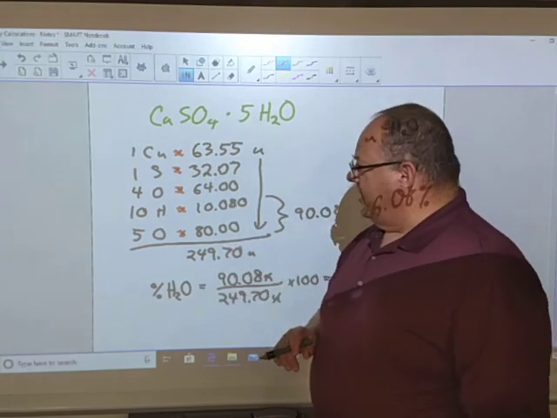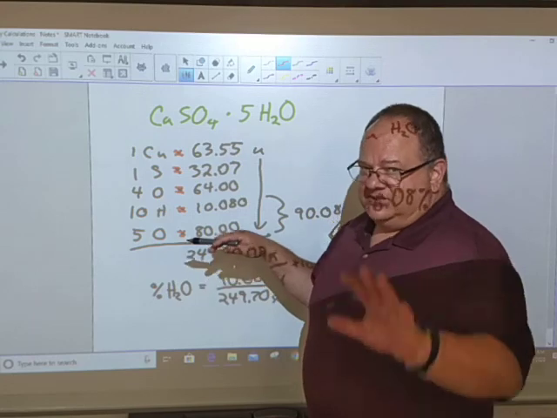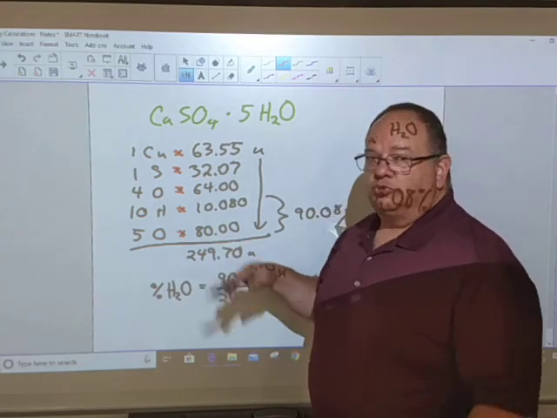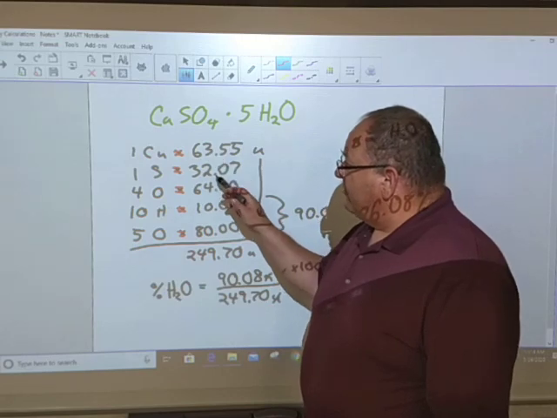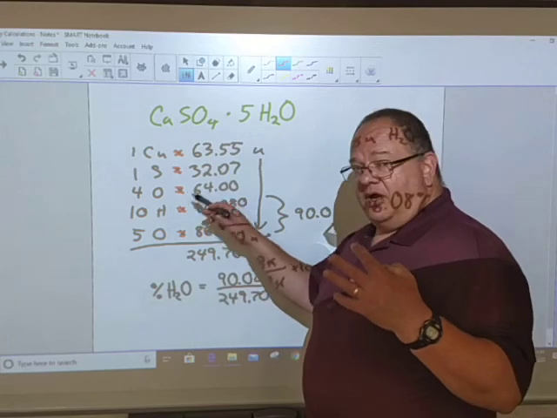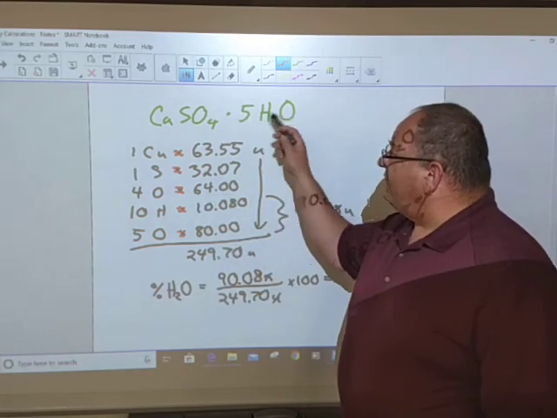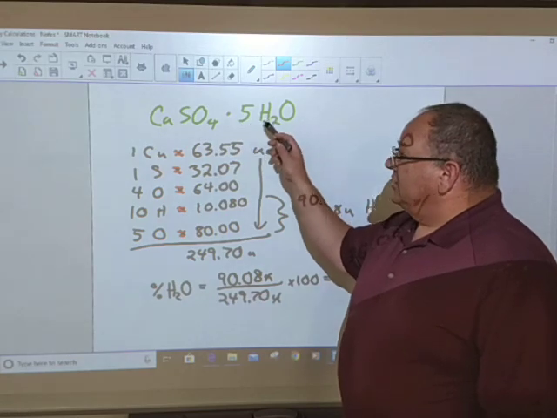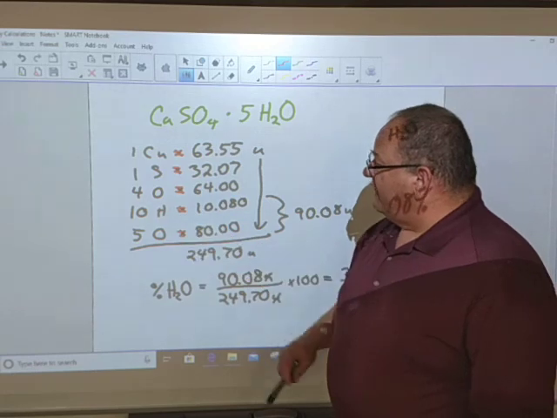It's better to separate. I didn't write down my individual masses this time because I was just working fast, okay? So this is the mass of 1 copper. This is the mass of 1 sulfur. This is the mass of all 4 oxygen. So I already did that math. This is the mass of 10 hydrogen, because there's 5 water molecules, which should have 2 hydrogen and 1 oxygen in each. So that's 10 hydrogen and 5 oxygen.